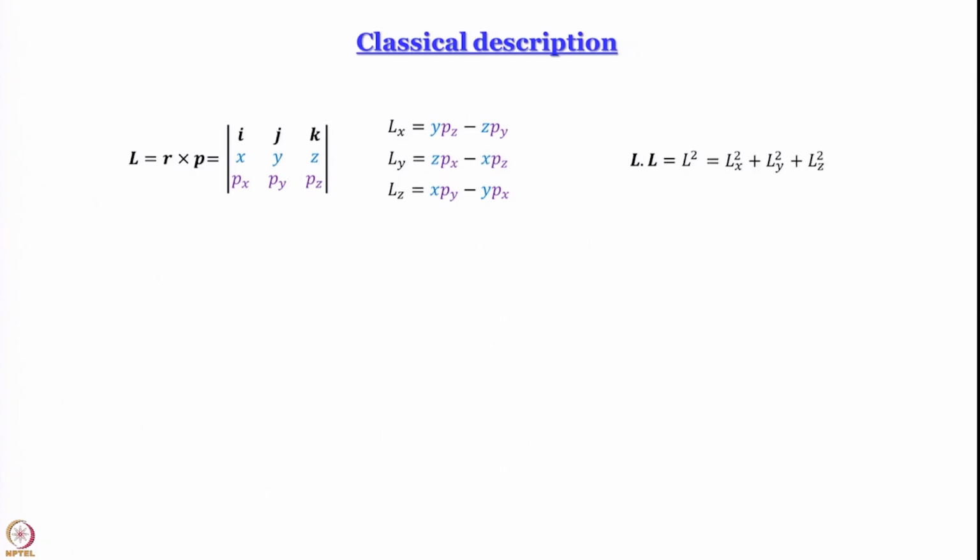I will not work this out explicitly because I have worked out the other one, you can do it yourself. But remember, when you try to do L dot L, that is a dot product first of all. So, it will be a scalar product, no direction. But then you have to take i into Lx plus j into Ly plus k into Lz, and take the dot product of that with itself.